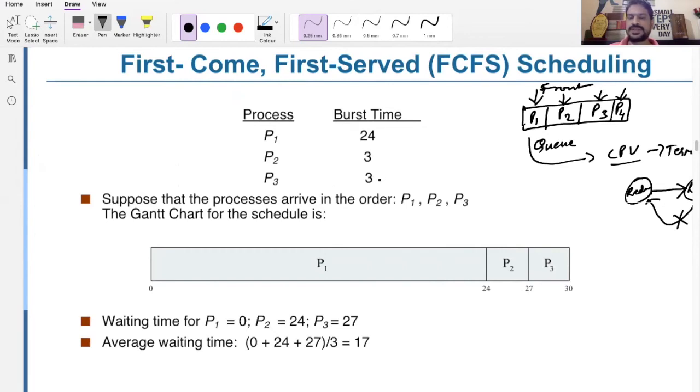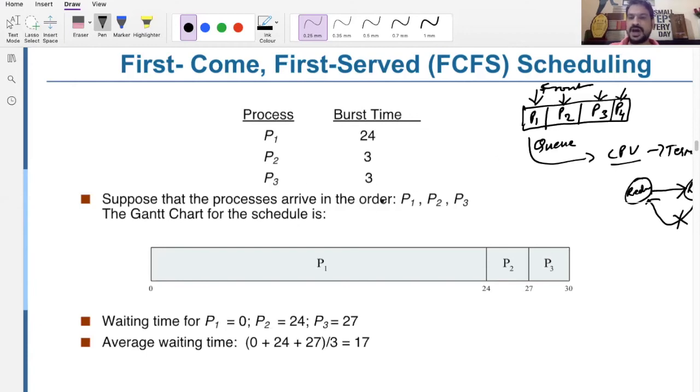What do you mean by burst time? Burst time is the time units required to execute a process. So process 1 requires 24 units of time, process 2 requires 3 units, and process 3 requires 3 units.